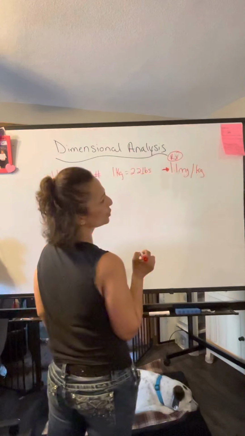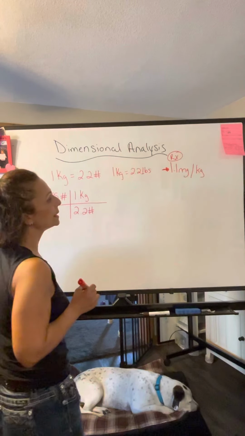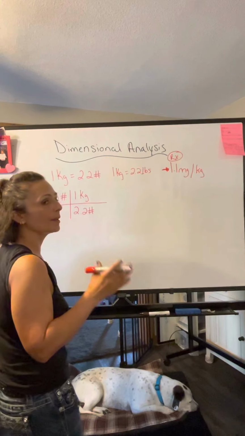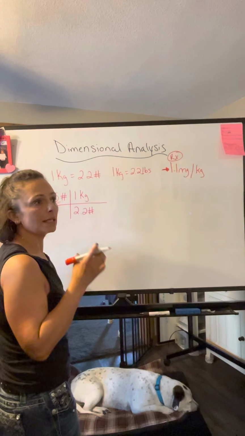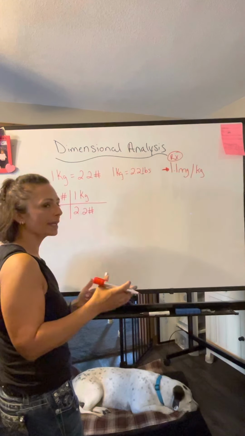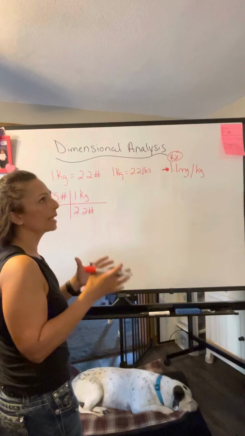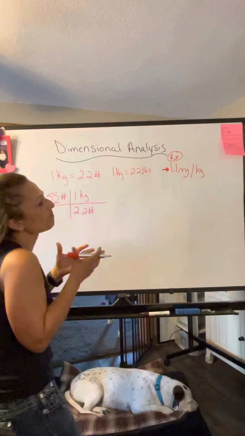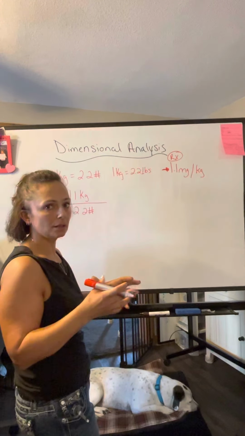So that's the prescription. Then the next piece of information that you're going to need is the concentration of the medication, of the drug. That will always be listed on the bottle or on the packaging of that drug. So when you look at it, let's say it says 10 milligrams per milliliter.